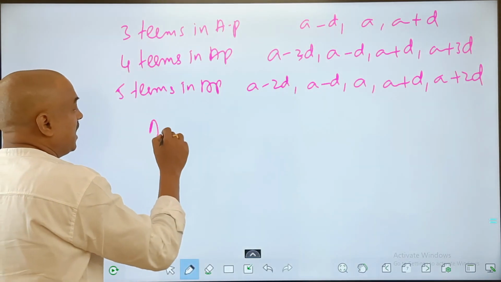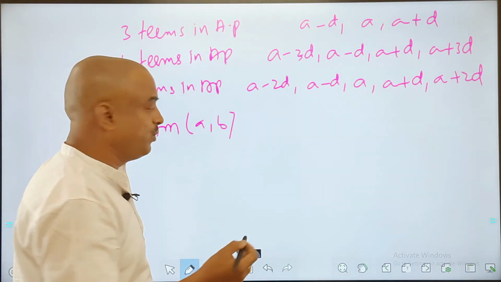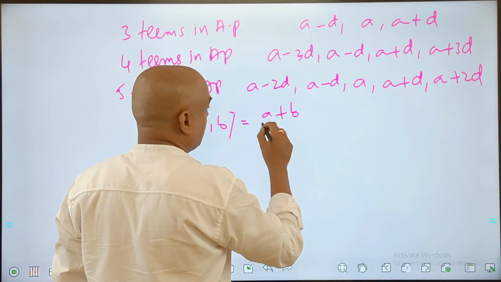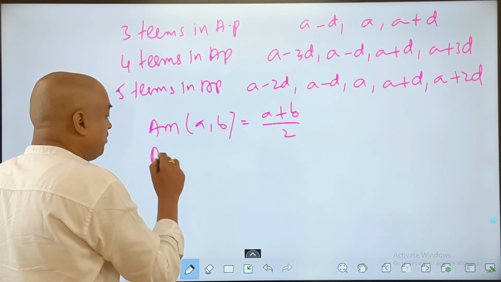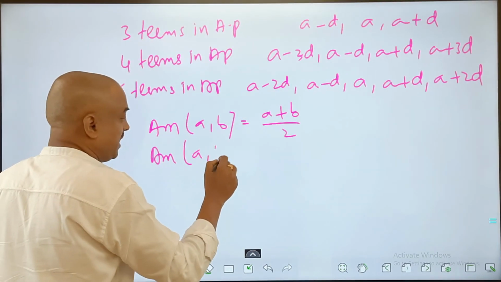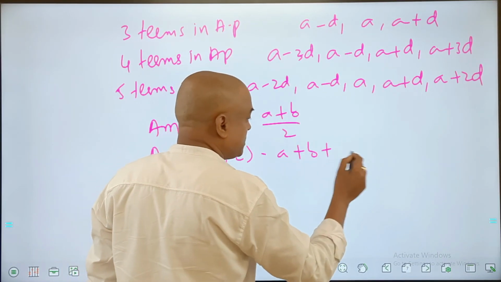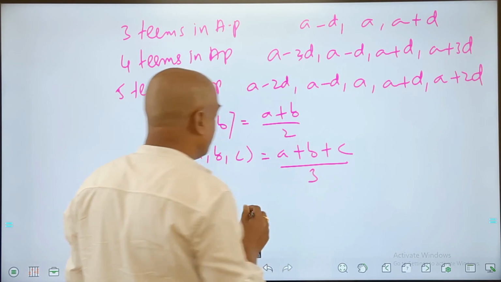Now finally, arithmetic mean of 2 numbers. Suppose he's asking us to find the arithmetic mean of 2 numbers, then (A plus B) by 2 is the arithmetic mean of 2 numbers. Arithmetic mean of 3 numbers, for example, A, B, C is given, then (A plus B plus C) by 3 will be the arithmetic mean of 3 numbers.